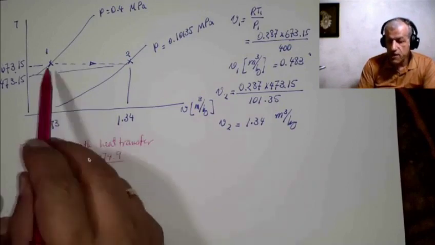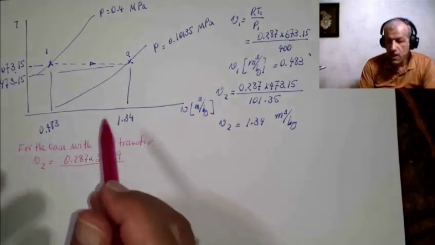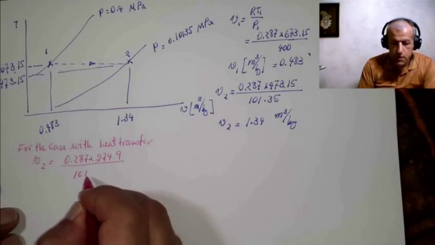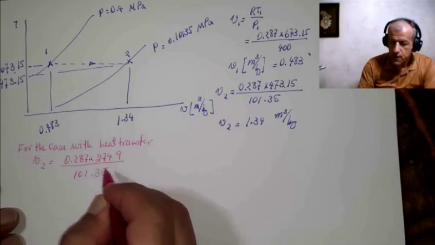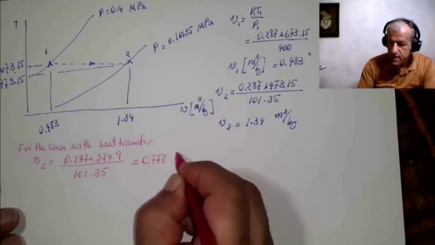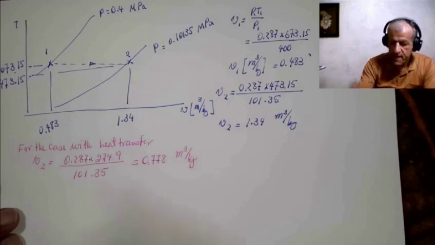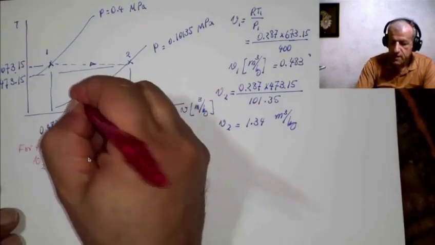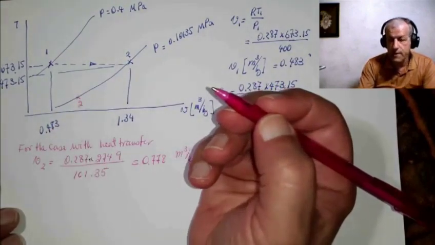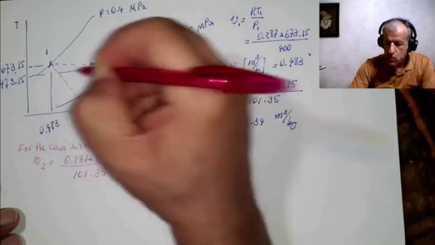I mean, if the initial and final points had remained the same, then that was the case. Only work had changed. But if they had changed, then it is 101.35, and that would equal 0.778 cubic meters per kilogram. And that is somewhere like here. So let's call it 2, the red number 2, and the process would go here.